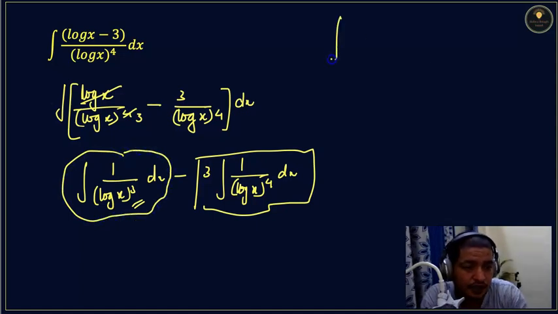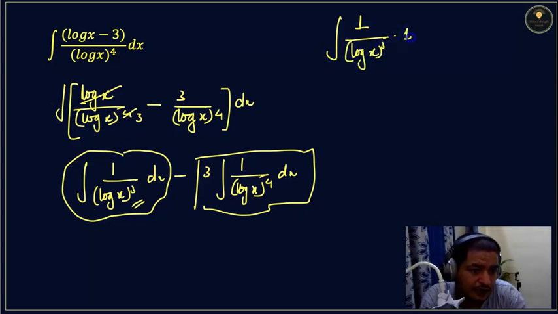So here you will write 1 by log of x cube, and here you will write 1 into dx. Now integration by parts we already know. Firstly you will write 1 by (log x) to the whole cube and the integration of 1 into dx.